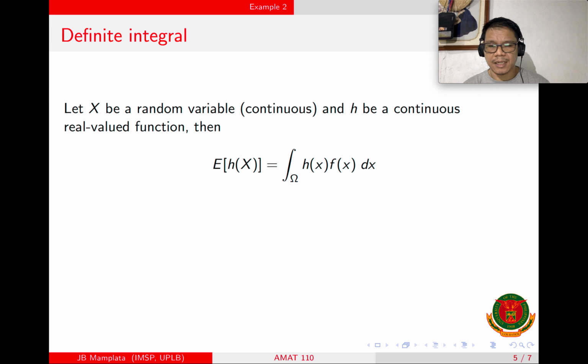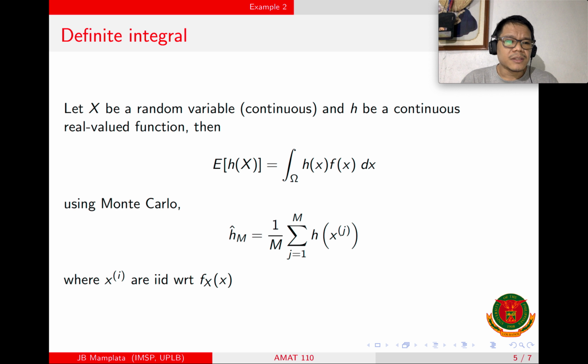Now let's go back again to this example. We want to find the value or expected value of h of x. So ito yung main concept na gagamitin natin in evaluating the definite integral using Monte Carlo simulation. Now, using Monte Carlo simulation, again, similar to example number one, uulit-ulitin lang natin yung process, yung experiment natin over and over again. Okay?